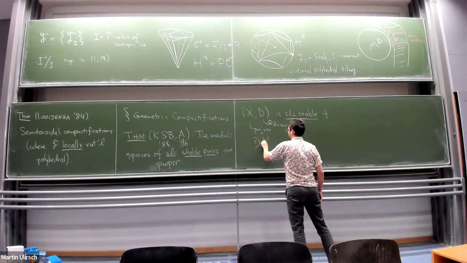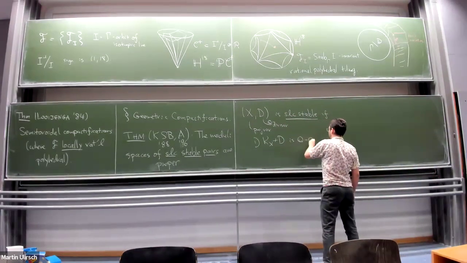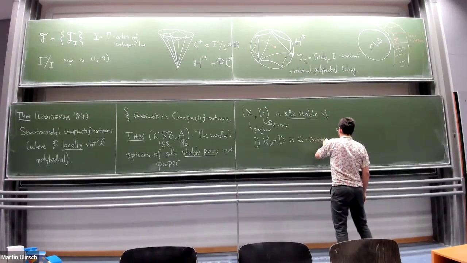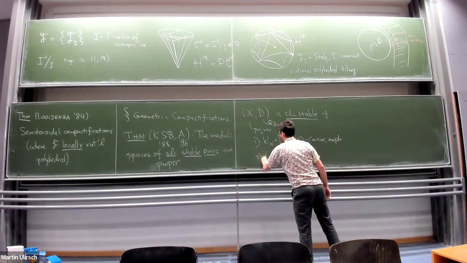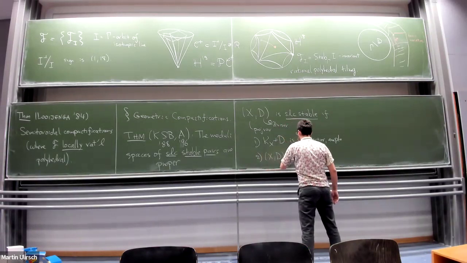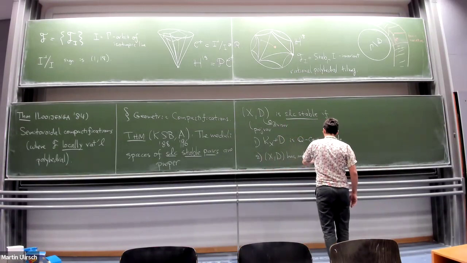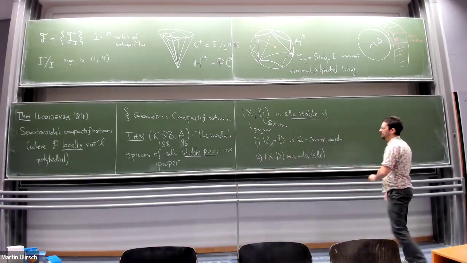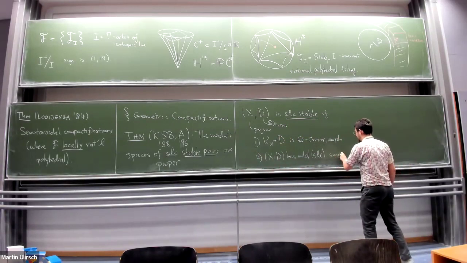First, the canonical bundle plus D is Q-Cartier and ample. And second, that the pair (X, D) has mild singularities. I won't get too much into it, but the correct notion of mild is SLC singularities.